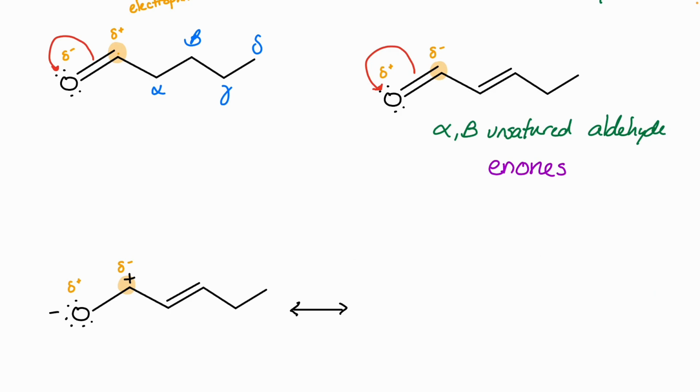So take a second and draw me that resonance structure. So that allylic carbocation can accept that pair of pi electrons. And so we have this other resonance structure.